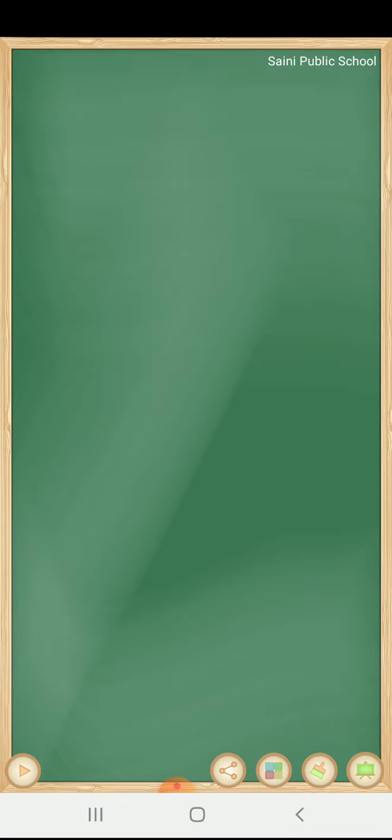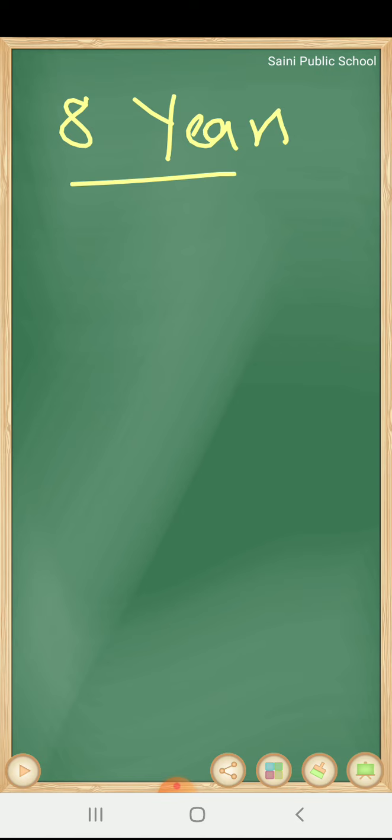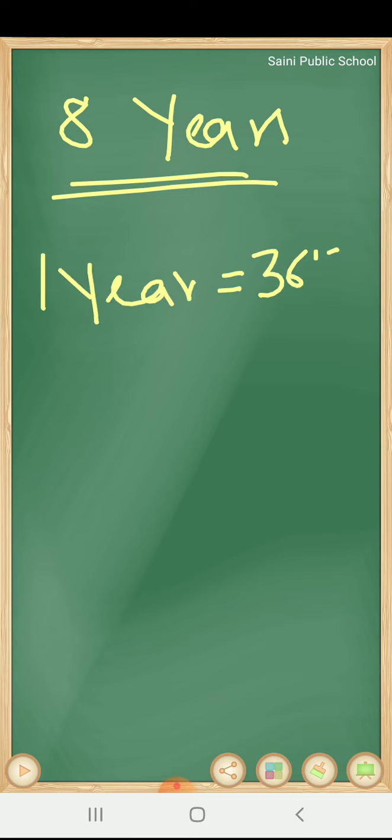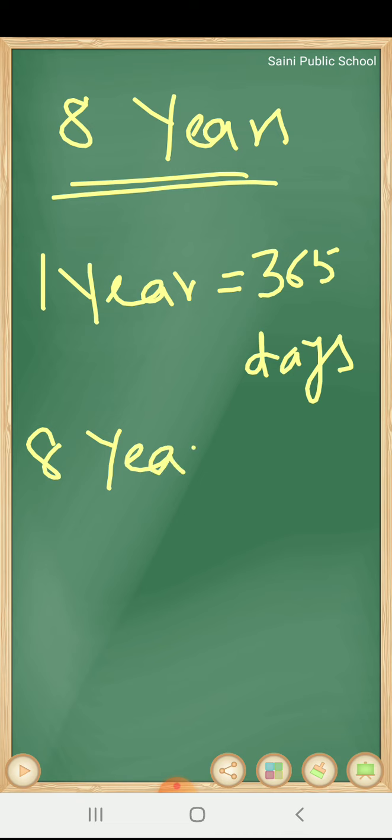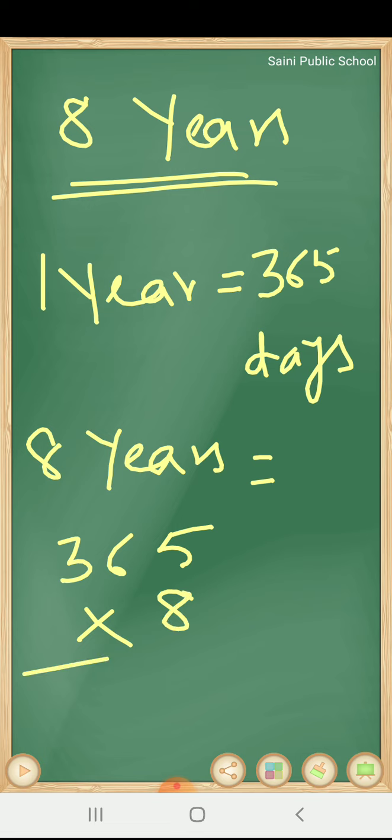Now let us discuss with the help of some examples. Suppose there are 8 years. How many days are in 8 years? We know 1 year is equal to 365 days. So 8 years is equal to 365 multiplied by 8. We will multiply the number by 8.